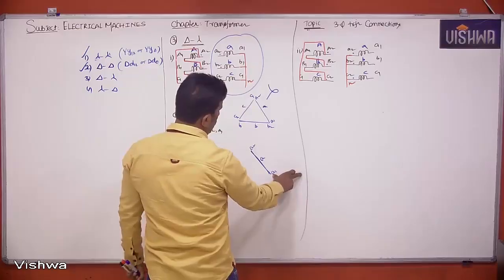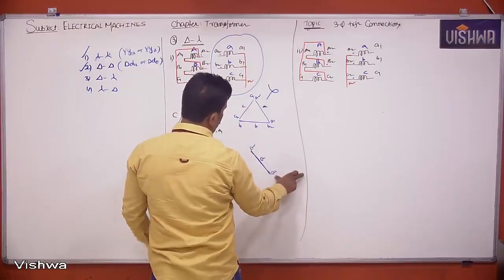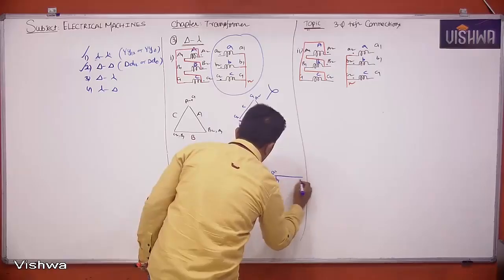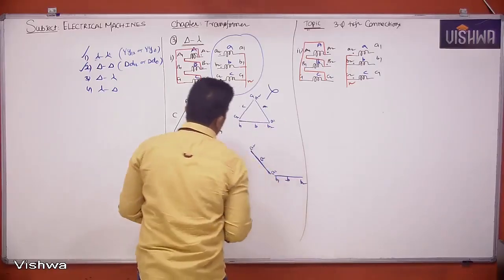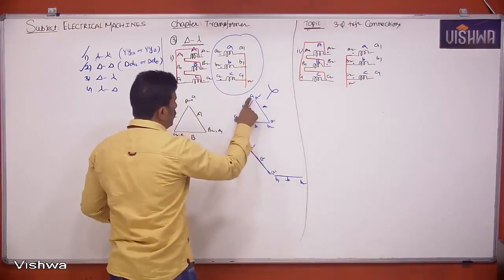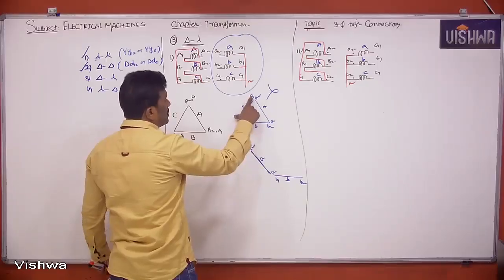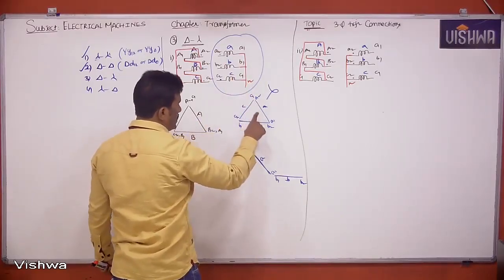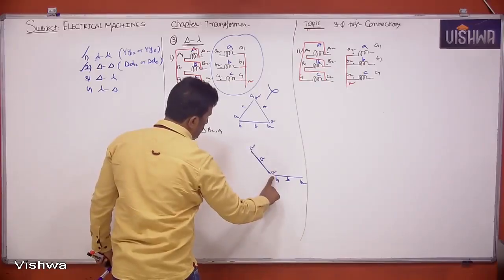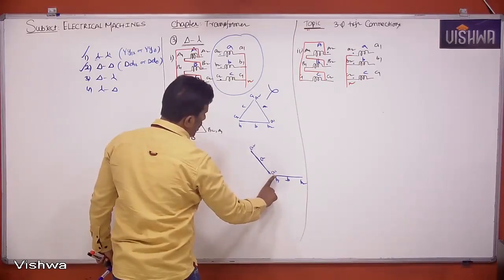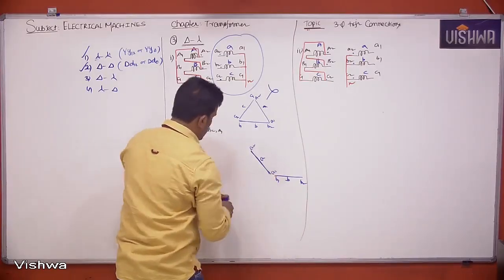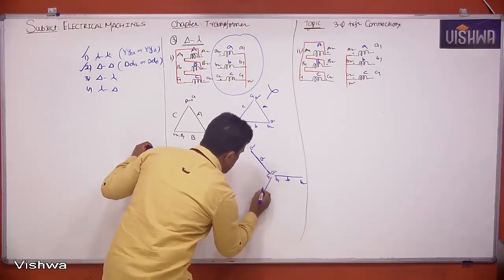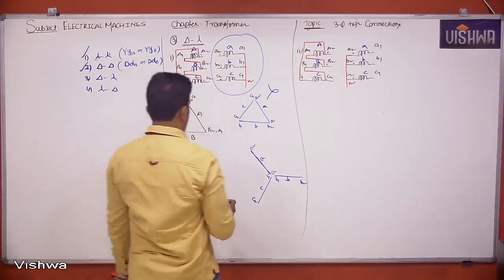Therefore, ultimately I have to draw B1, B2 here, and this is the B vector. And C1, C2 I have to draw such that C1 is shorted with A1, B1. So C1 is here, C2 is here. This represents the C vector.